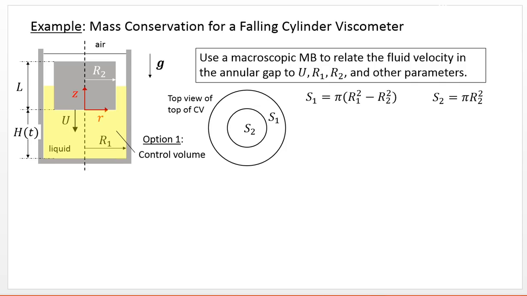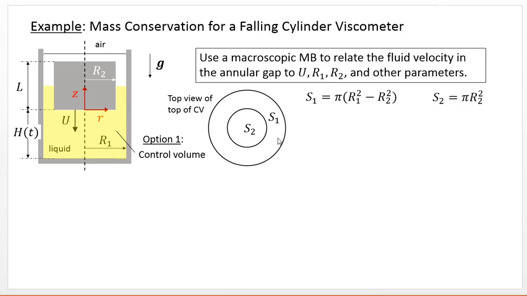For the first case, let's use this shaded yellow region as the control volume. It encompasses all the fluid that lies below the falling cylinder and also extends some distance upward into the gap. If we look at this control volume from above, it looks something like this, two concentric cylinders. This inner region, S2, corresponds to the cylinder that's moving, and there's no fluid flow relative to that, so we don't have to consider this too much.